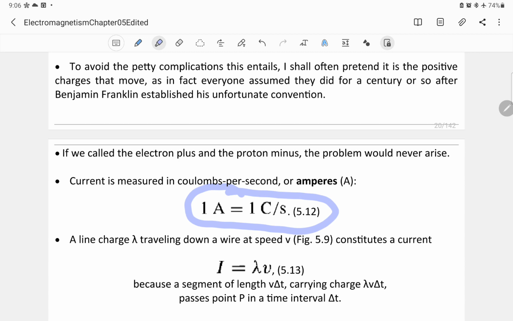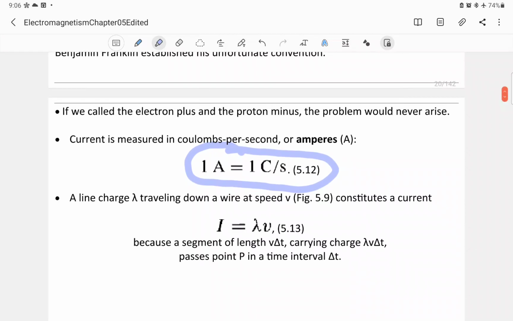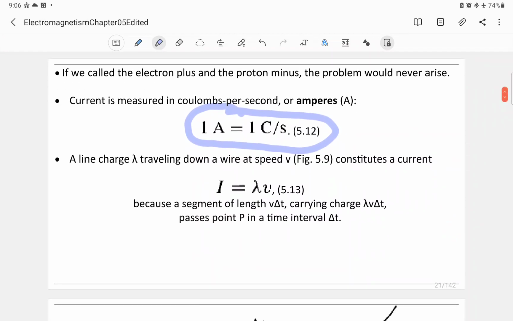And the line charge lambda traveling down a wire at speed v constitutes a current, and the current is given by this. This is because a segment of the wire would have length v delta t, carrying a charge lambda v delta t, passing point P in a time interval dt.